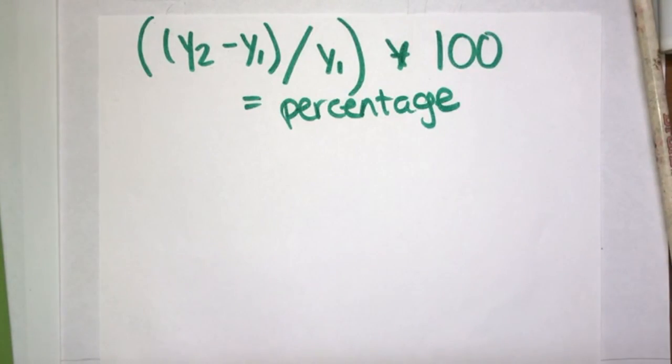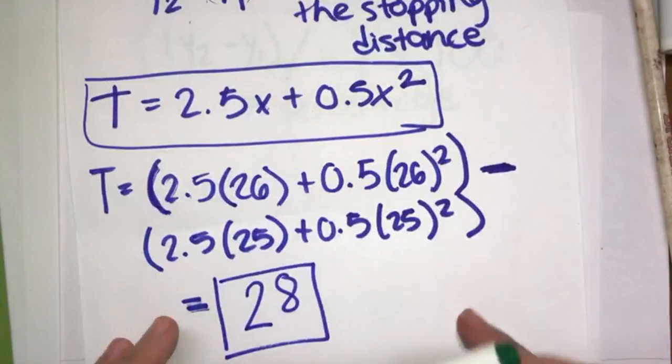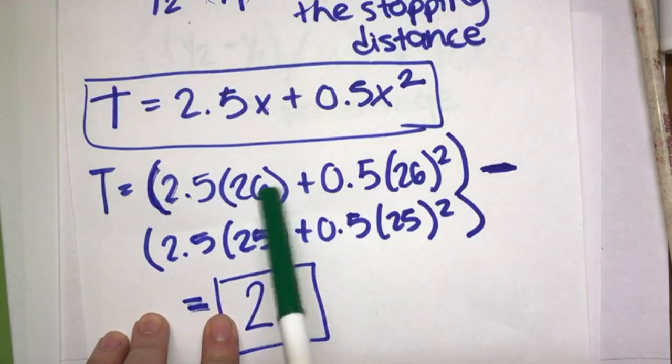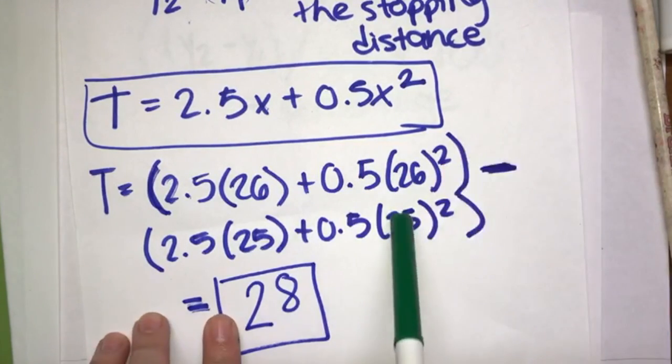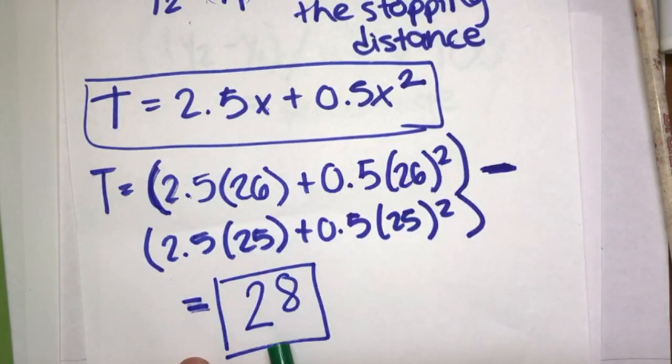So we need to remember things from our past exercise, which are this. We need to do y2 minus y1, which will give us 28.